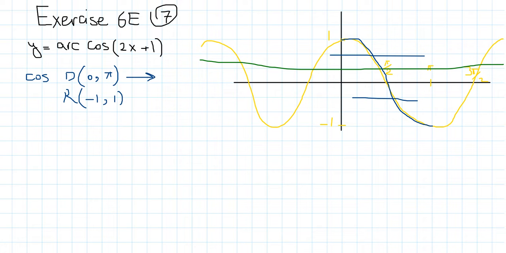To draw the cosine inverse, I should swap the range and domain. So the domain of cosine inverse is from -1 to 1, and the range is from 0 to pi. It is the graph. Now let's draw it.